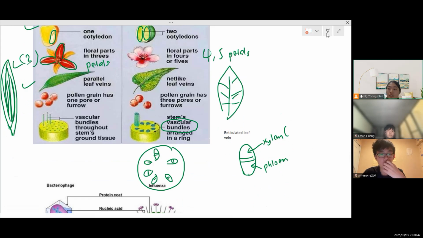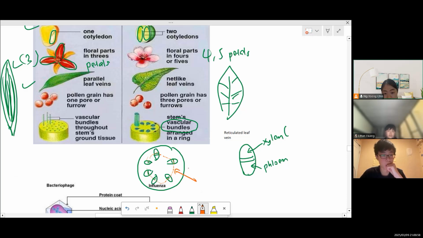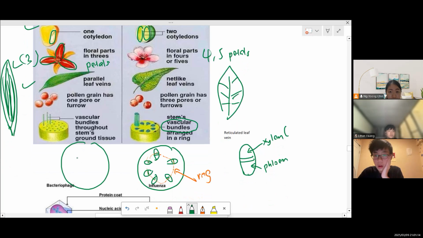You can connect them, then it will form a ring. Yeah, it will form a ring. This is the pattern in the dicotyledons. However, in the monocotyledons, the vascular bundles are just scattered around the ground tissue. They are just like this, with a very irregular pattern. This is the difference between them.